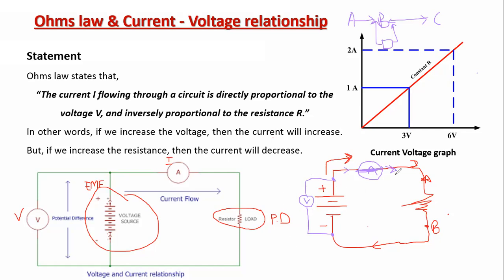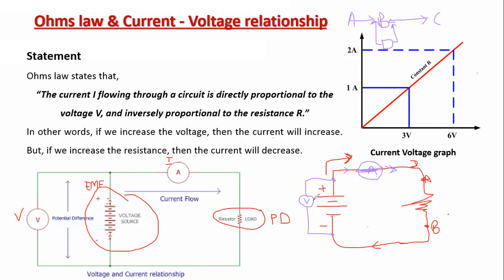So in order to calculate the resistance of a whole circuit, you need to find the complete current flowing within the circuit and the complete voltage supply of the circuit. The complete voltage supply will be calculated by the potential drop of the supplied voltage, that is the battery.